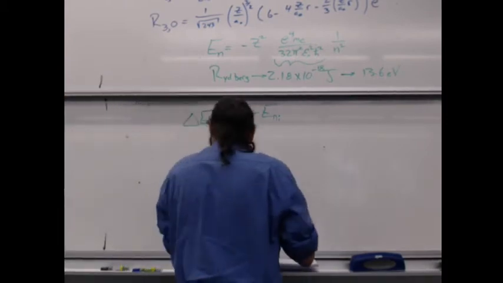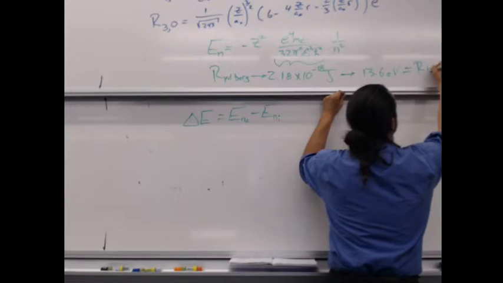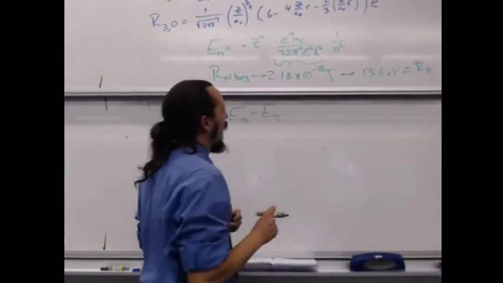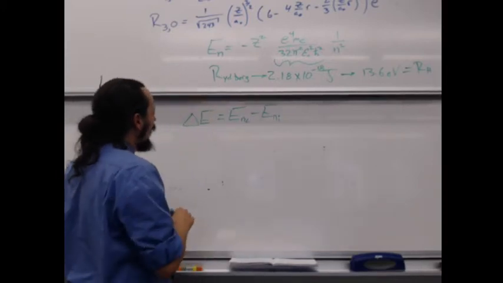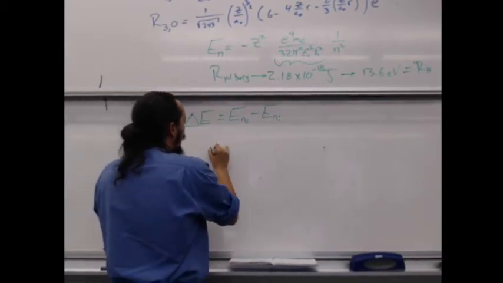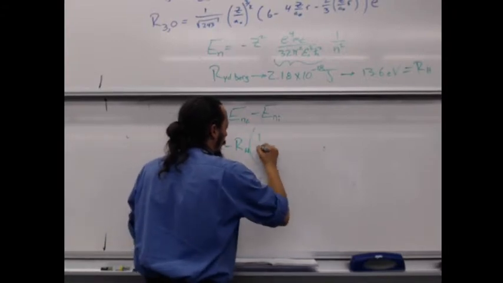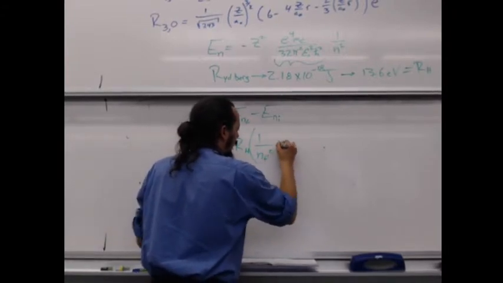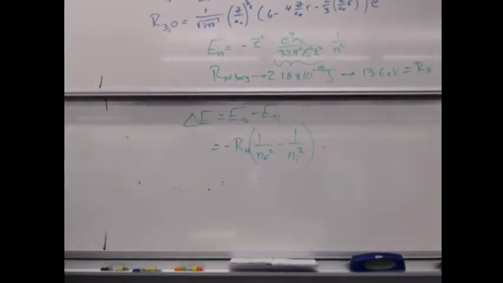And I can just call this, rather than calling it 13.6, our R_H, the Rydberg constant for hydrogen. This is for hydrogen, so that would be when Z is equal to 1 as well. And we would get the Rydberg constant times 1 over n final squared minus 1 over n initial squared.